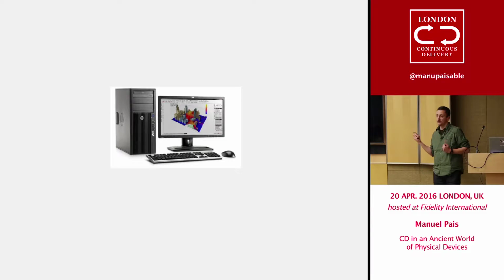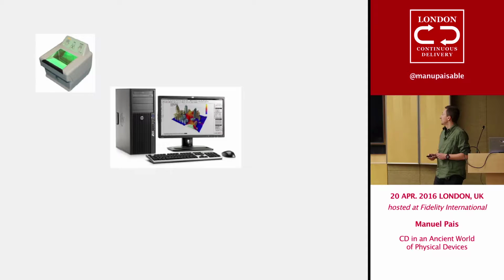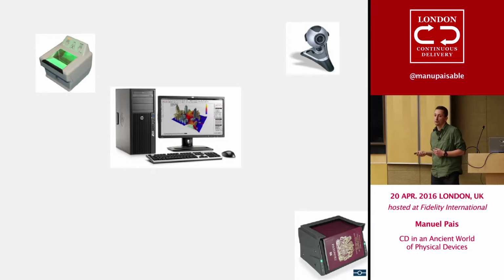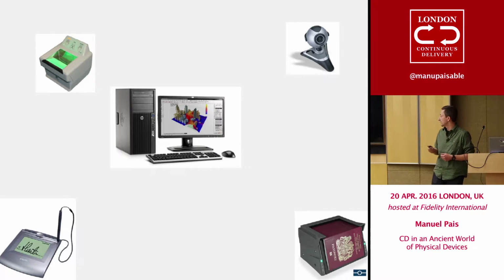So our system, like I said, was a client Windows WPF application, so pretty old. And then we depended on a lot of devices. I'm sure if you've been to any border control, you've seen fingerprint scanners, cameras for face recognition, passport readers, signature pads.